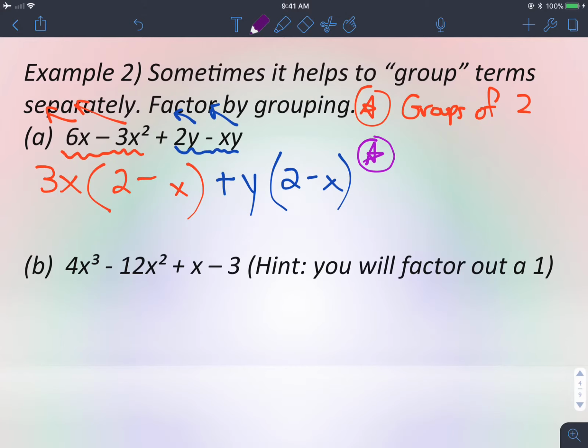Another key thing, the terms in parentheses need to match.